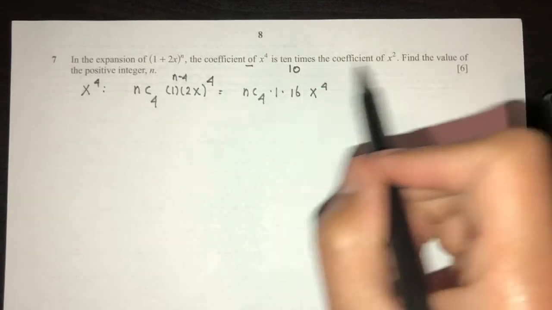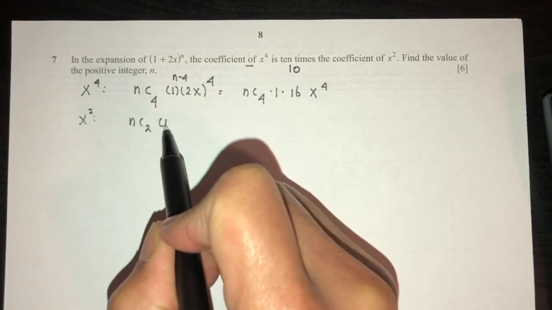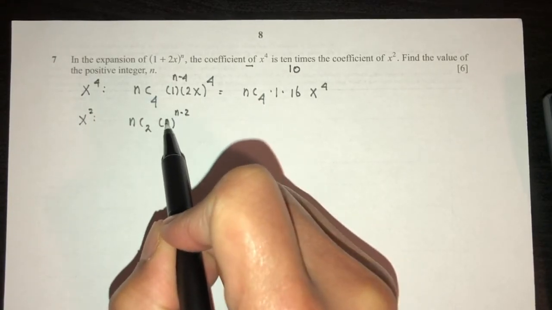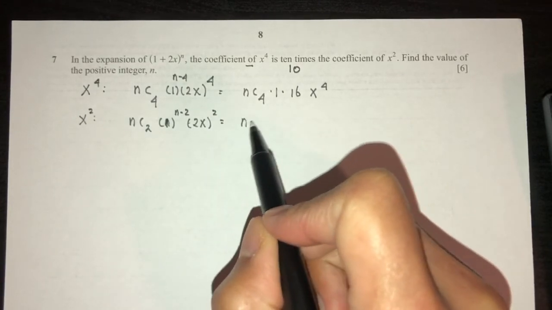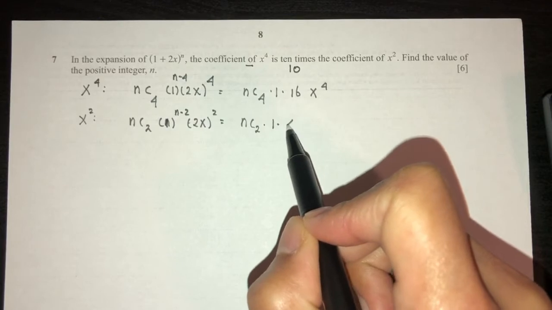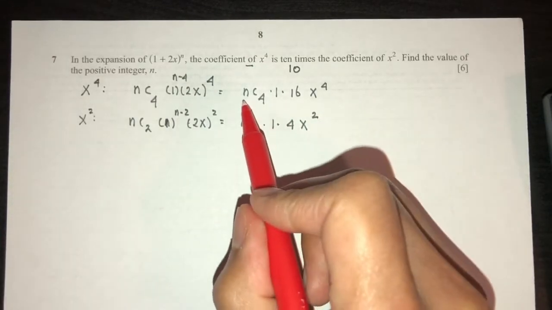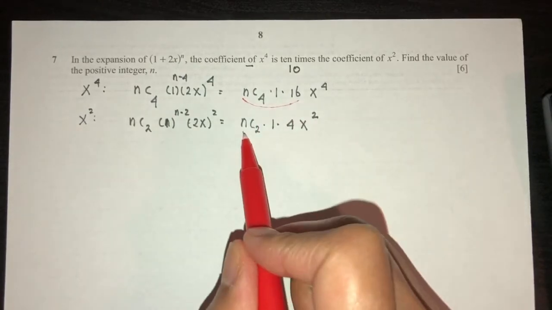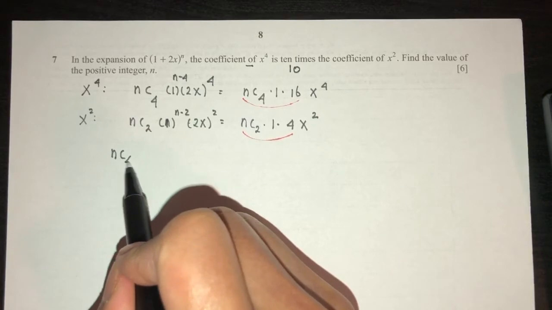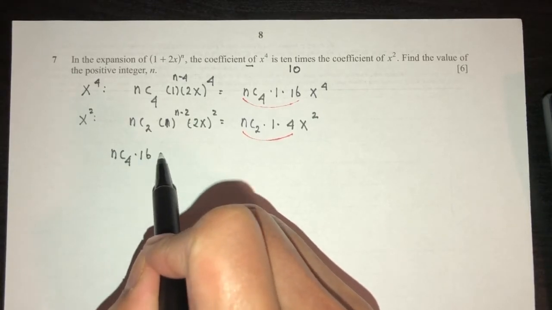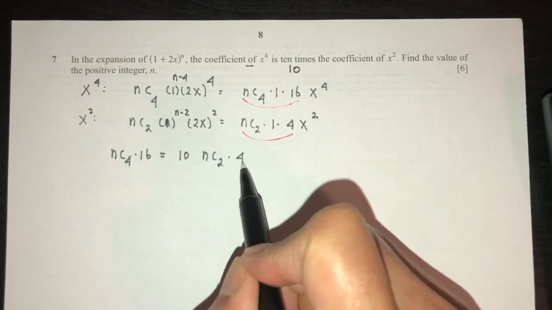Now we have to find x squared. Now it will be n choose 2, n minus 2, that is 1. 2x, that will be 2 here, you will have n choose 2 times 1 times 4x squared. So the coefficient is this one, right? So we know that n choose 4 times 16 is 10 times n choose 2 times 4.